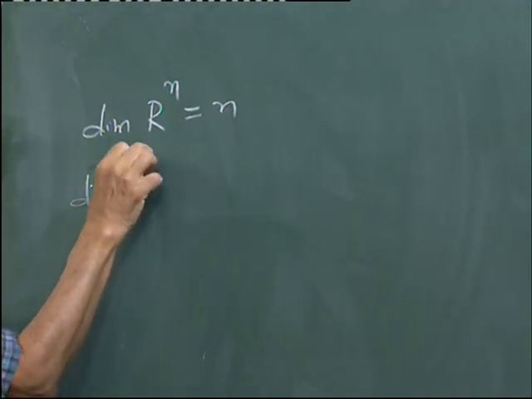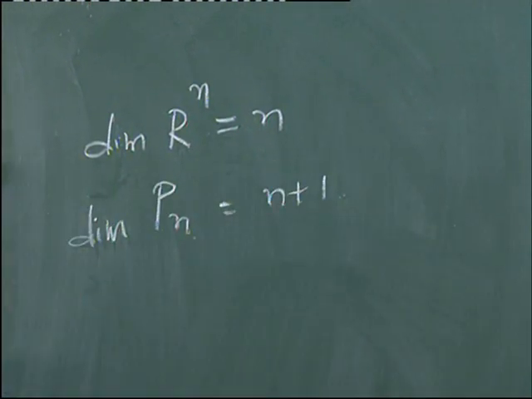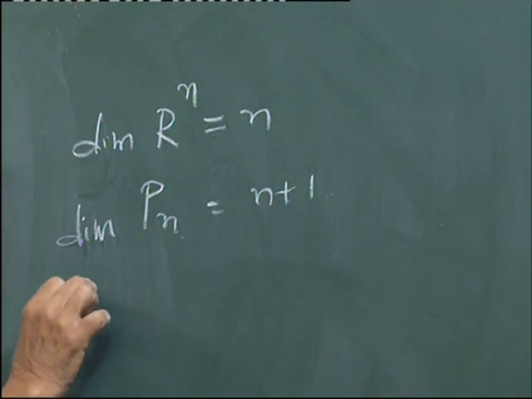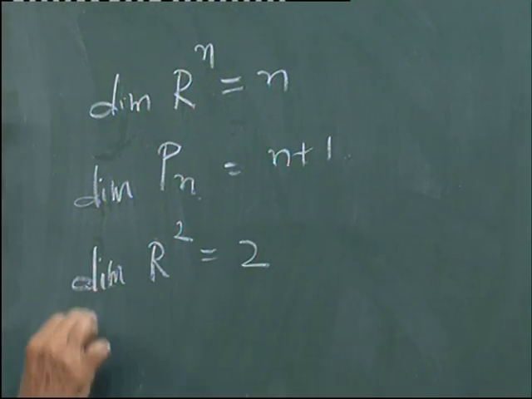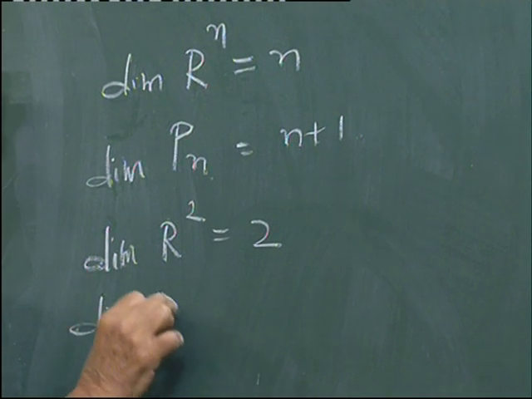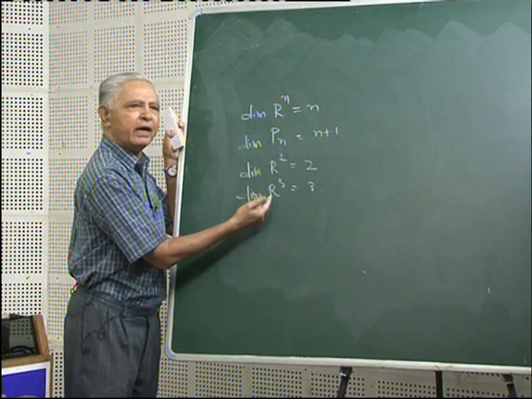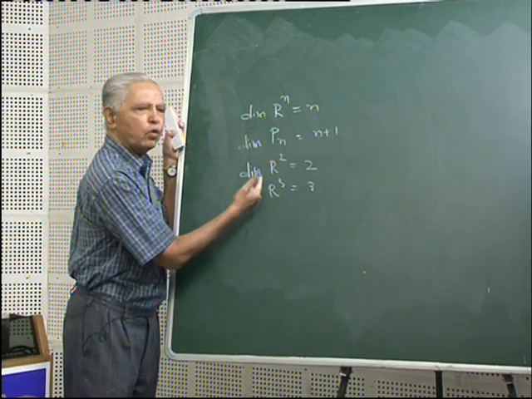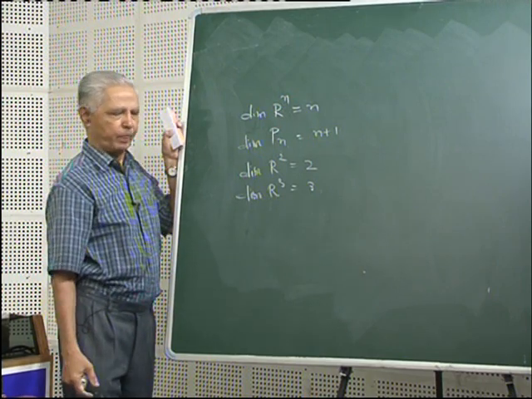Dimension of our vector space P_n is equal to n plus 1. Dimension of R^2 is equal to 2, and dimension of R^3 is equal to 3. So, our geometrical consideration here coincides with our linear algebra approach also.